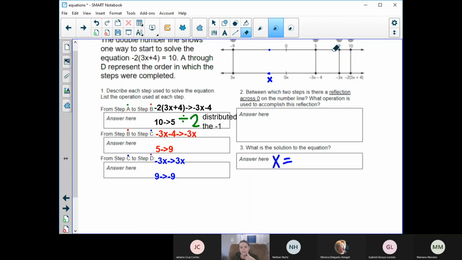From step B to C, we went from -3x minus 4 to -3x and 5 to 9. So what operation did we do if we went from 5 to 9? Let's look just at that one. Okay, we could have multiplied because we got bigger. What else could we have done?